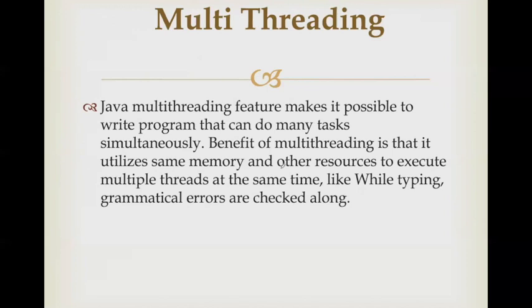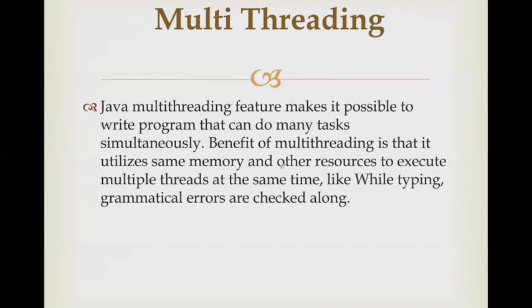The concept of multi-threading is a very important and very powerful feature that was introduced in Java. In Java, we can run multiple threads, or to understand it in a better way, we can run multiple tasks. Imagine we are processing or reading a file, and in the meantime we can have a thread which will pick the data from the file and send it to a particular email address.